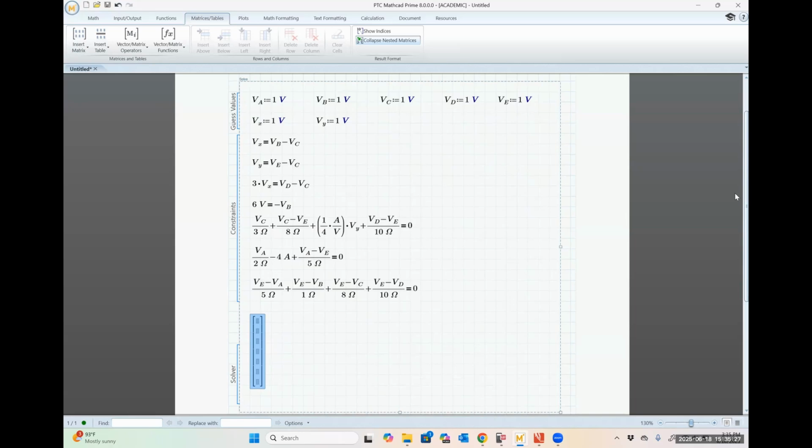So if I have 7 things in my guess value section, I have to solve for all 7 in the solver section. So here in this matrix, I'm just going to do VA, VB, VC, VD, VE, VX, VY. The order here doesn't particularly matter.